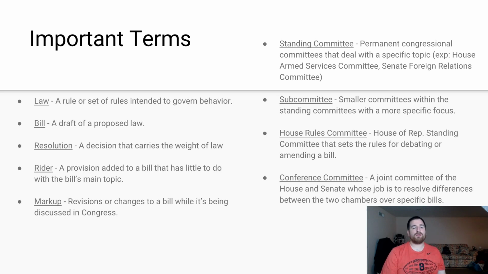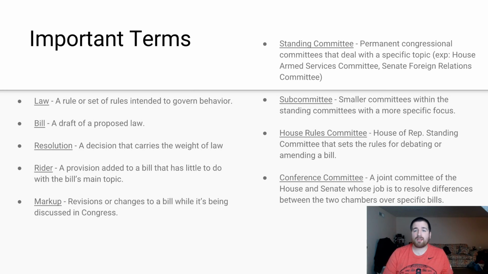A bill is a draft of a proposed law, so it's an idea that has the opportunity to become a law. A resolution is a decision that carries the weight of law, but isn't necessarily a law itself. A rider is a provision added to a bill that has little to do with the bill's main topic. A markup is revisions or changes to a bill while it's being discussed in Congress.